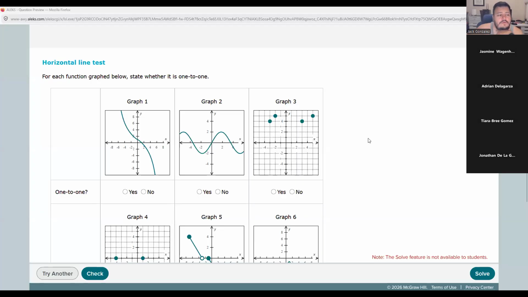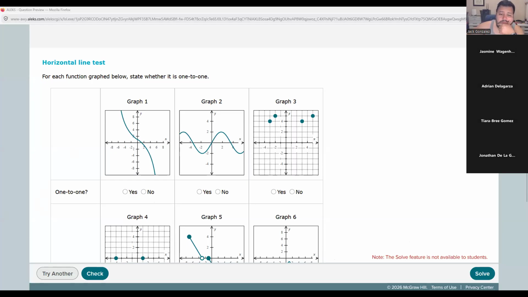Okay, so this is 4.1. Do you guys remember when we talked about the vertical line test and whether or not something was a function? So if it is a function, the next question is, is it a one-to-one function?